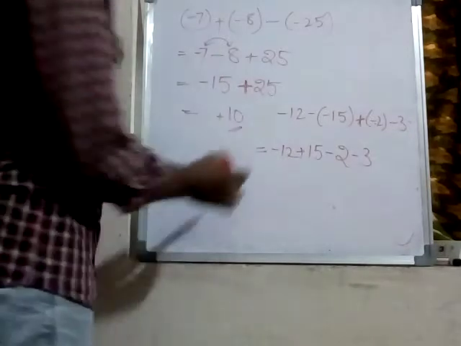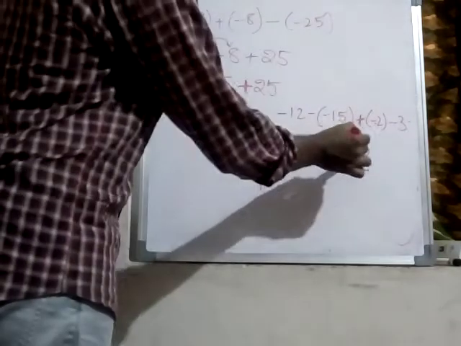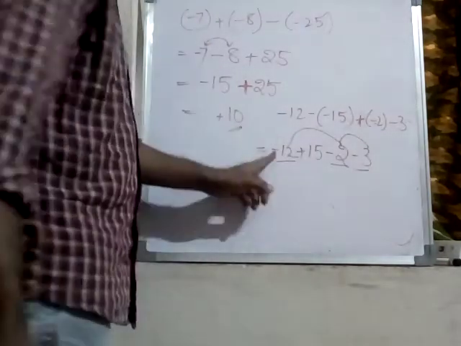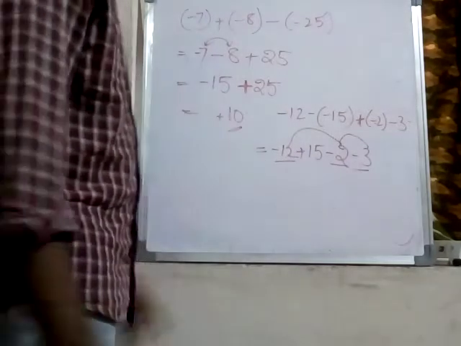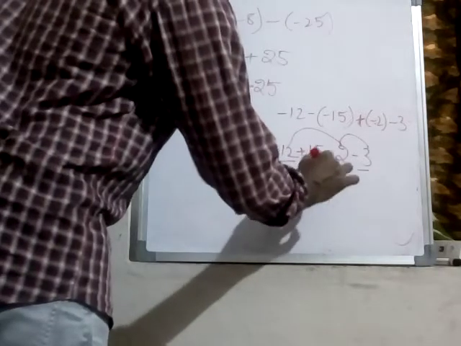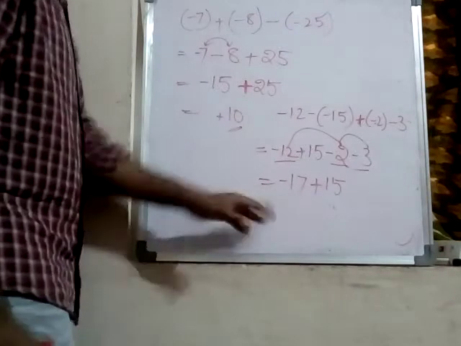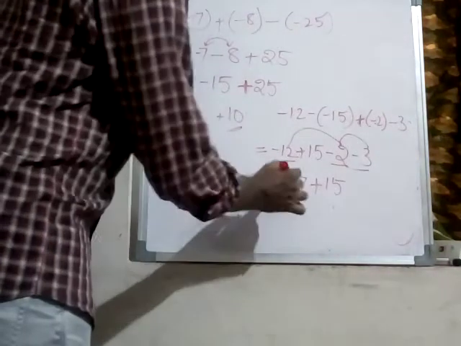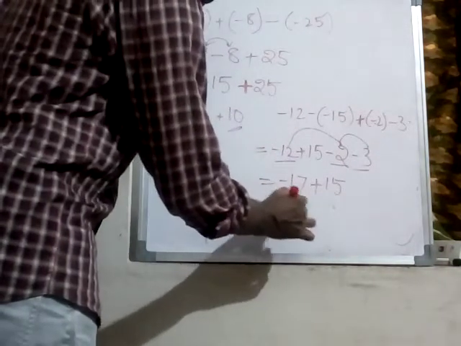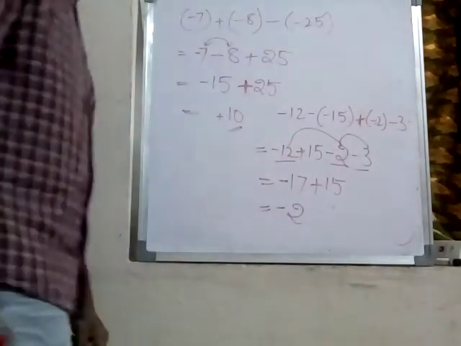Now observe, these three are negative, so add these three terms and keep the negative sign. 12 plus 2, 14, plus 3, 17. Minus 17 plus 15: one is negative, one is positive, so we do subtraction. The difference is 2. The greater value has the negative sign, so keep minus.